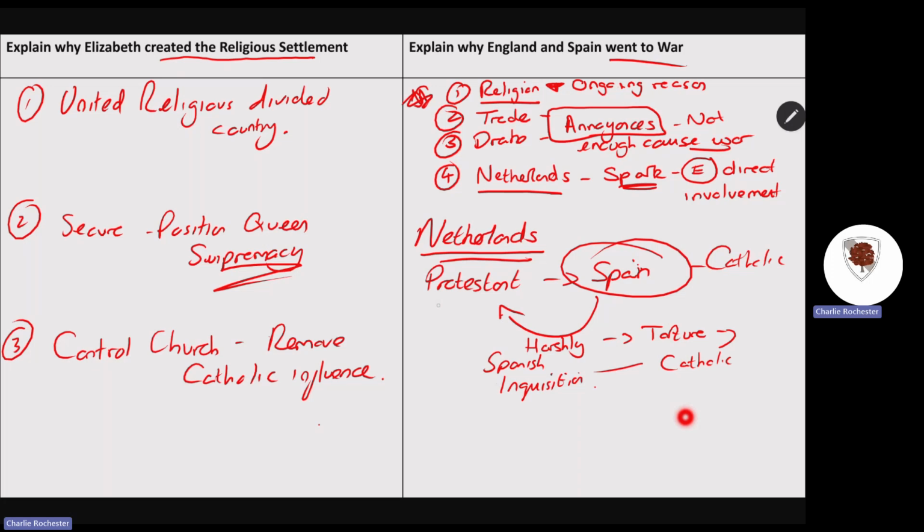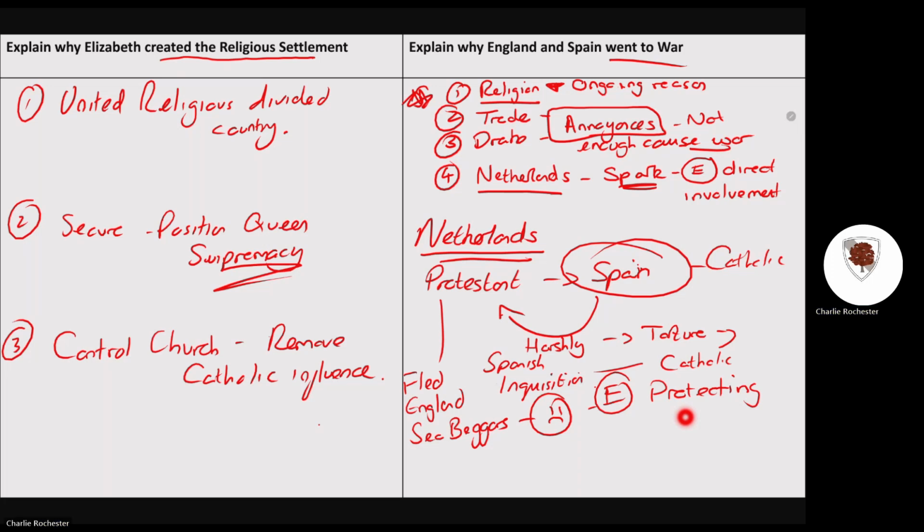This meant that some Protestants fled to England, and these were called sea beggars. Now, this upset Philip because it looked like Elizabeth was protecting them. She didn't get rid of them. She did allow them to stay in England. We would call this indirect support because she's not actually going over to the Netherlands.